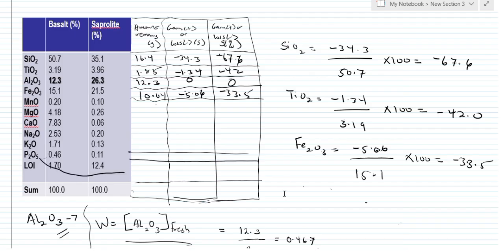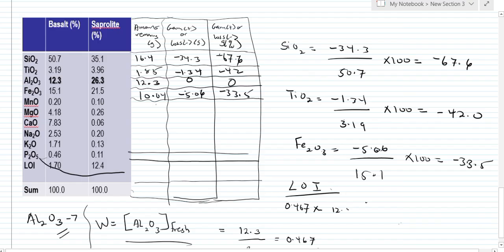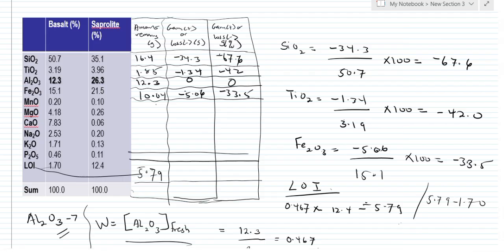So you do that for the rest. For the LOI, that's loss on ignition, the amount remaining is simply 0.467 by 4.4, and that gives 5.79. So for LOI, we have 5.79 here. Then let's do the gain or loss. The gain or loss is simply 5.79 minus 1.70, and that's positive 4.09.